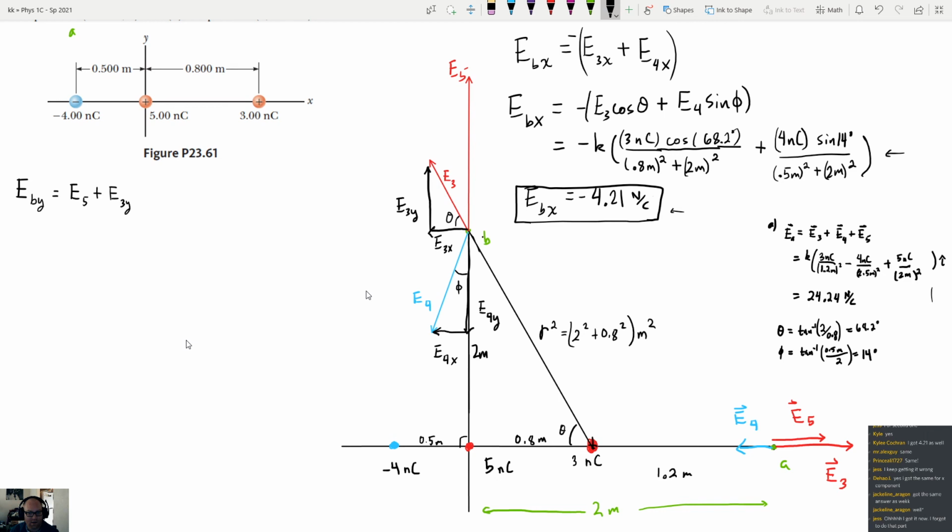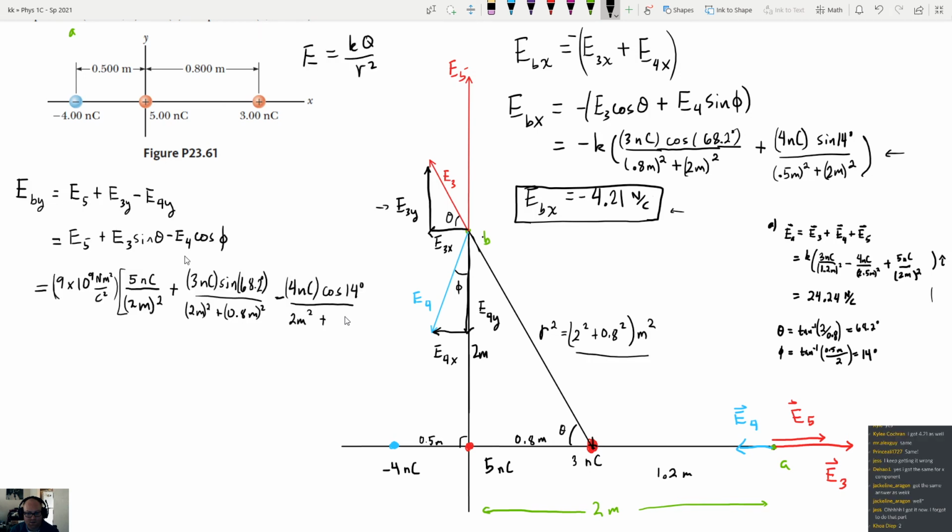The last term is actually minus. So that's minus E4. In the numerator it's going to have 4 nanocoulombs times a cosine of 14. Divide that all by the other distance, which is going to be 2 meters squared plus 0.5 meters squared. Like that. And that should give us an answer.